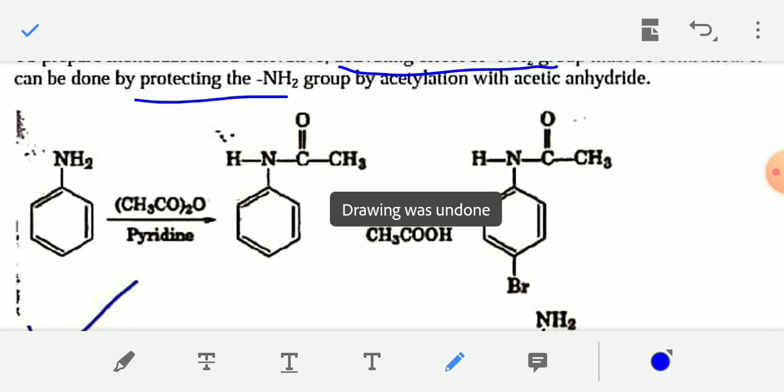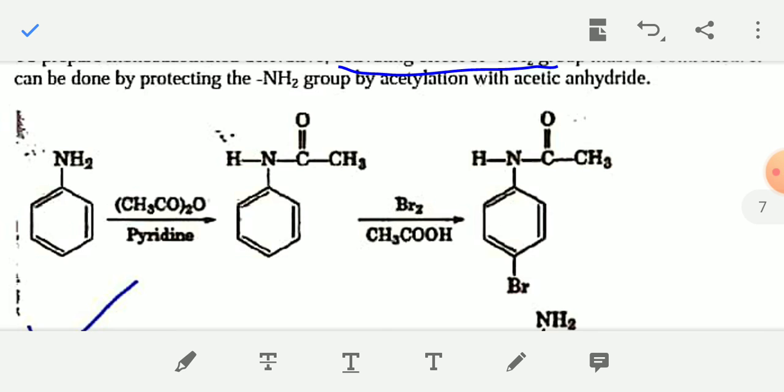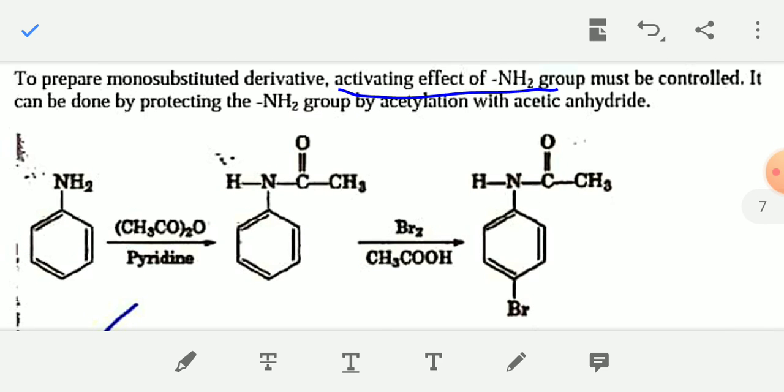acetylation. So if you want to get a monosubstituted product, you have to control the activating power of the NH2 group, and the activating power of the NH2 group can be controlled by protecting the NH2 group by acetylation with acetic anhydride.